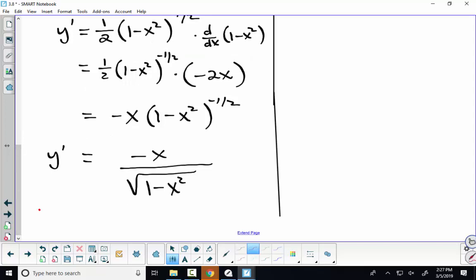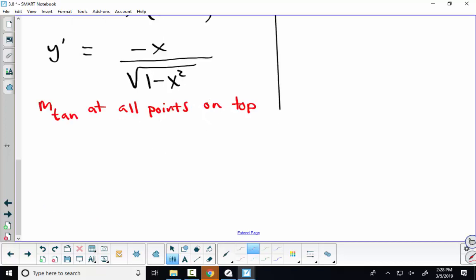So let's write this here: the slope of the tangent line at all points on the top half of the circle.